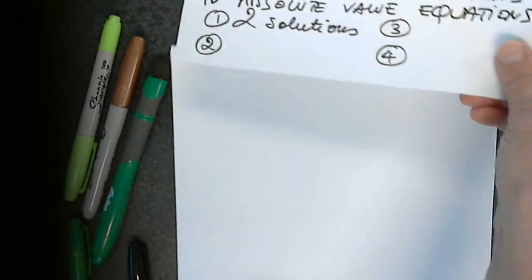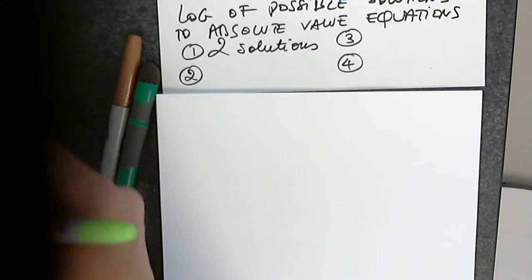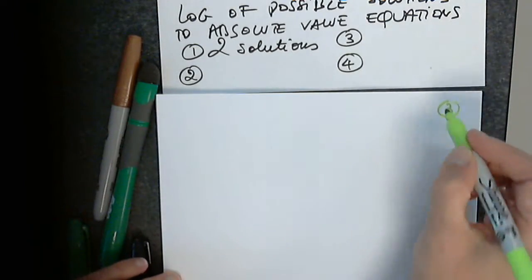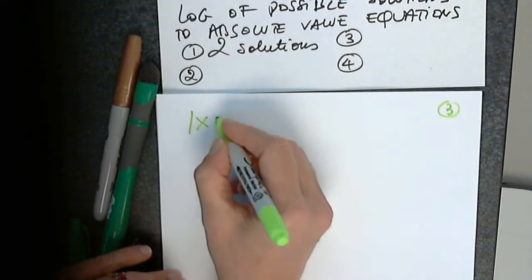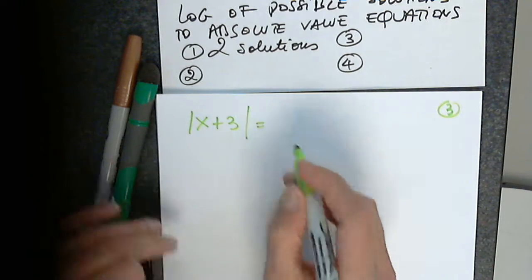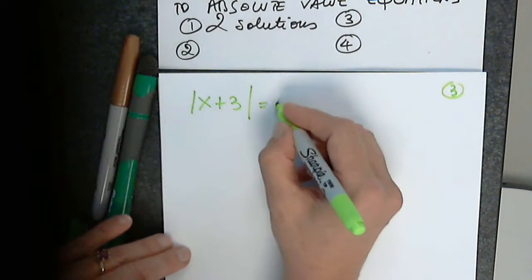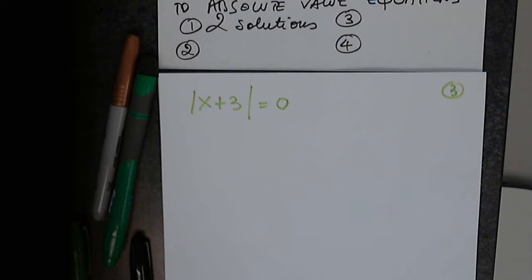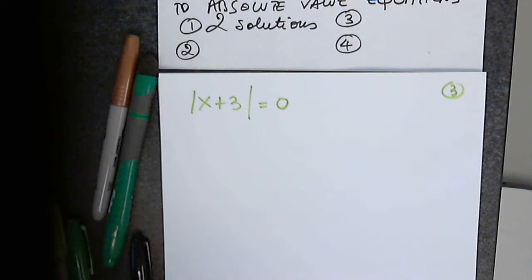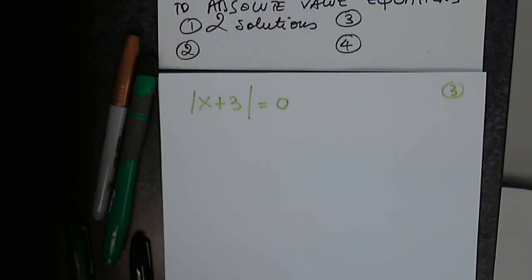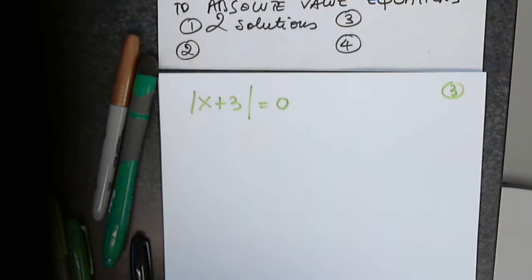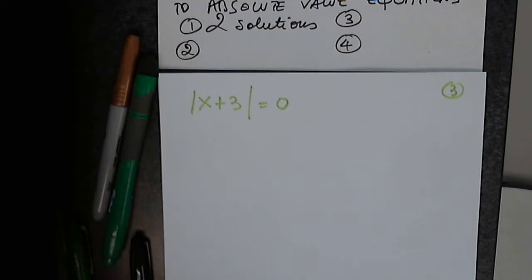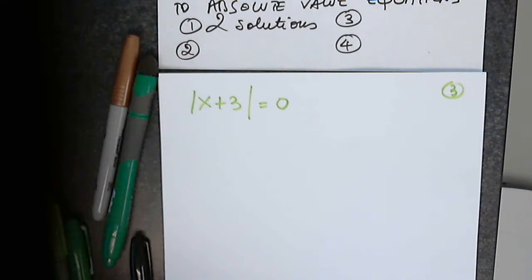Okay. Here's my next example. The absolute value of x plus 3 equals 0. I'm asking myself what type of equation is it and how do I answer that question. I say that this is an absolute value equation.